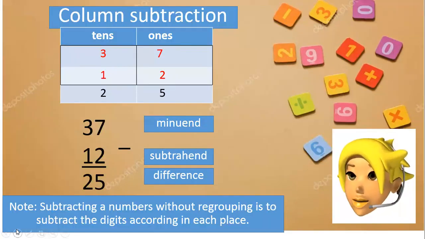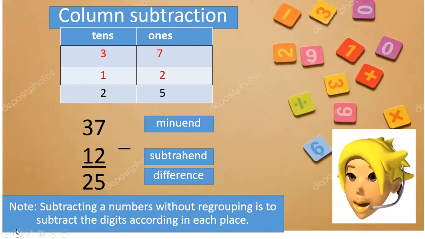I have here an example of numbers that we're going to subtract without regrouping. Let's subtract them according to their place. Our number is 37 as our minuend and 12 as our subtrahend. Let us now align them according to their place. In the ones place, we have 7 minus 2 equals 5.